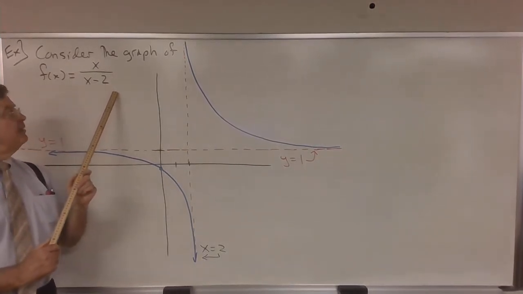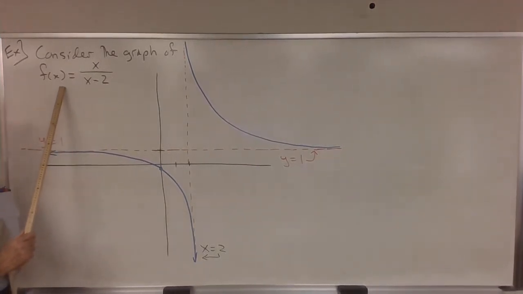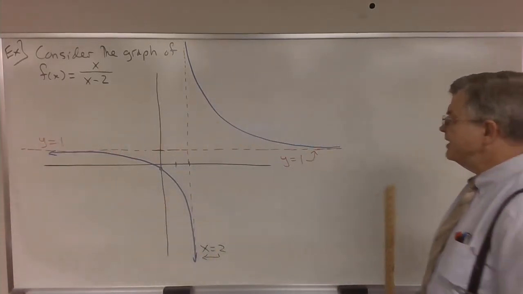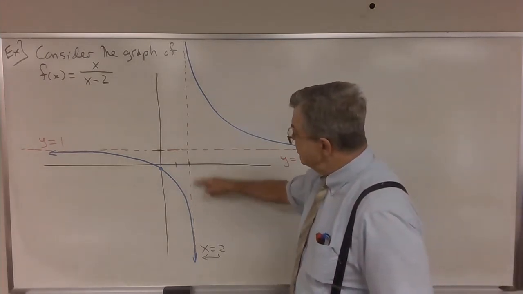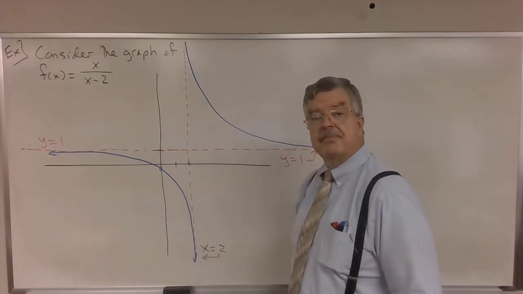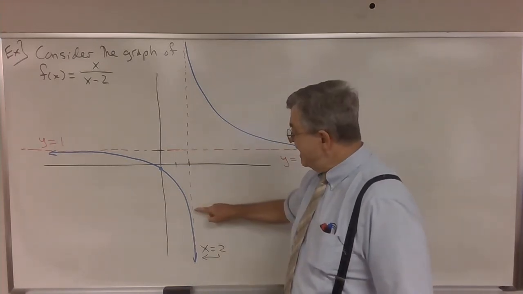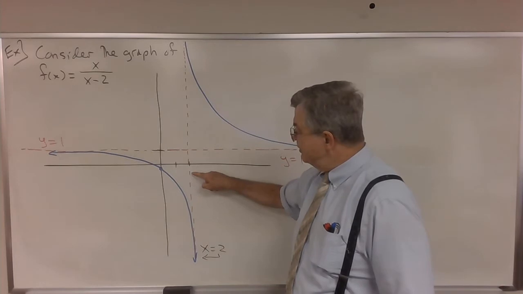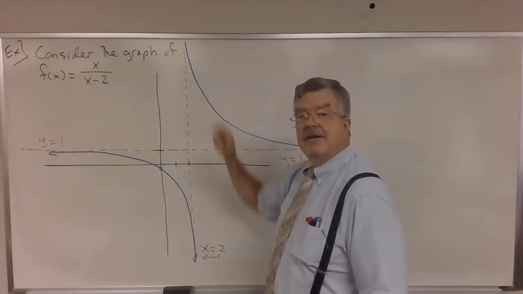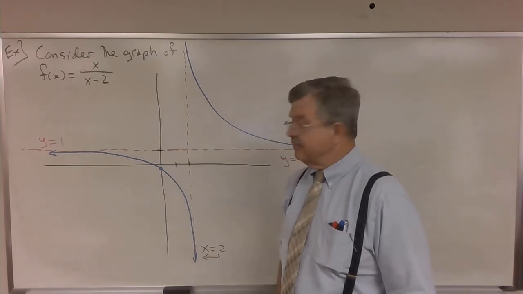Here's a good example. The function f of x equals x over x minus 2. And this graph has a couple of asymptotes. Look at the vertical line x equals 2. Notice that every point on this line has an x-coordinate of 2.